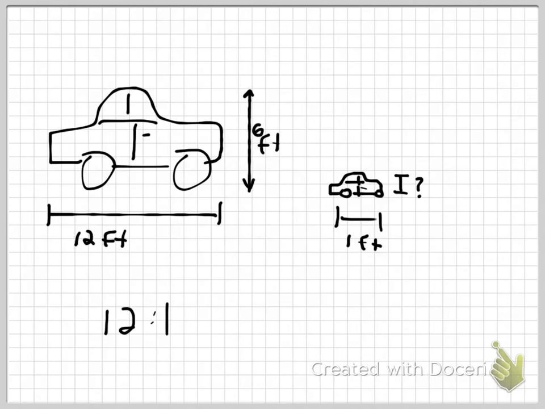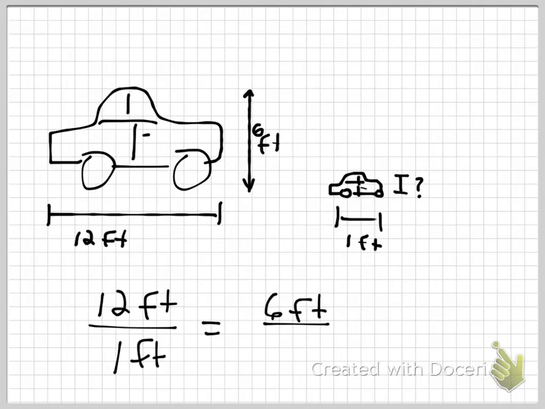If the ratio of the car to the model is that the real one is 12 feet and the model is 1 foot, do you agree with that? Okay, if that's the scale, and I want to know about the height of the car. If the height of the real one is 6 feet, and I don't know the height of the model, this is how you'd set it up.